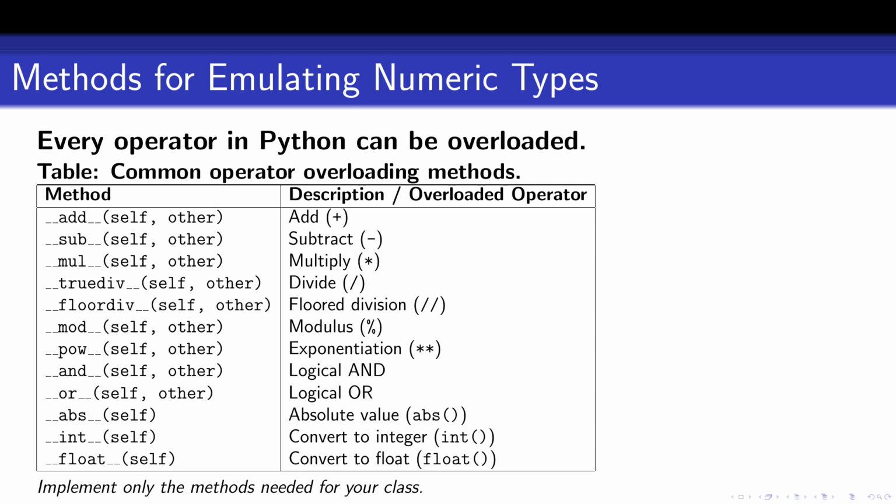If your class represents something numeric, like time, temperature, distance, or currency, you can use these methods to make your objects behave just like numbers. Python also supports logical operators and/or, as well as conversion functions like int and float. You don't have to implement all of them, just the ones that make sense for your object's behavior.